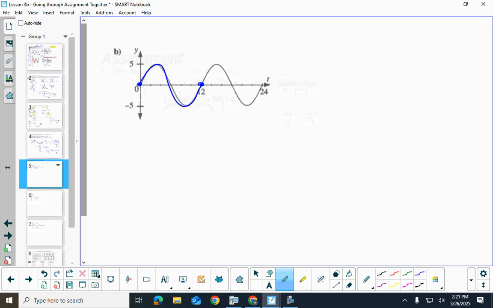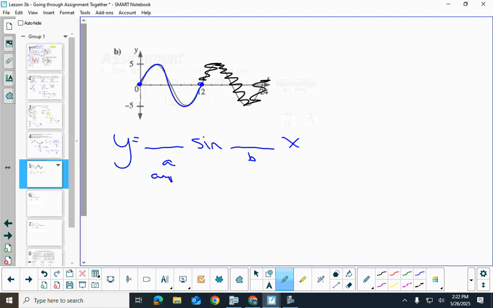I do not care about that. I only care about one pattern. So this is called A, this is called B. A is the amplitude. So it goes up to 5, down 5, so the amplitude is 5.